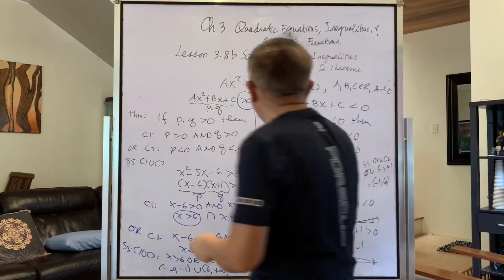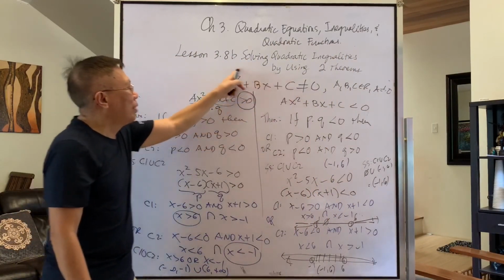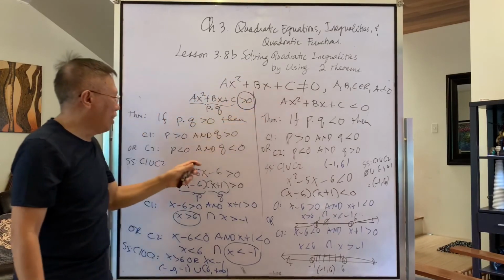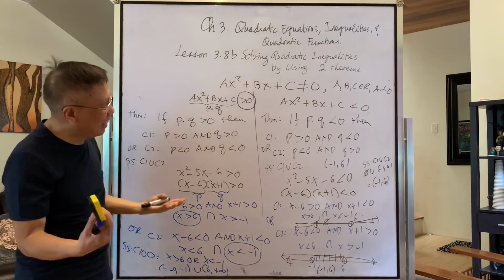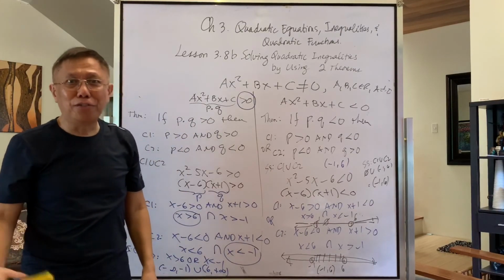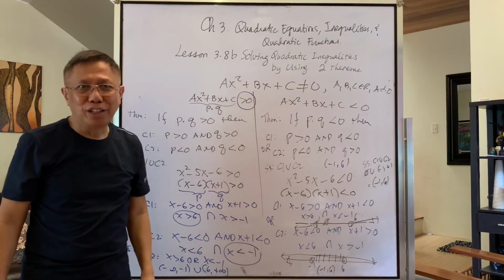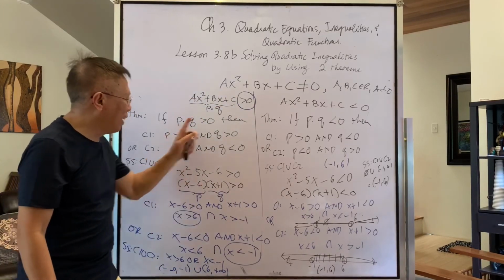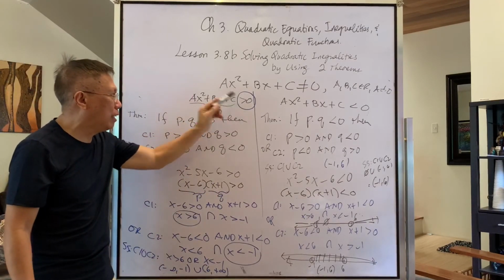Make sure that when you use the two theorems, your quadratic expression should be expressed in factored form. Now, it is indicating to us again that using the two theorems will be very convenient if we can factor the quadratic expression. Okay, so again, if p times q is greater than 0, you're solving a greater than inequality.